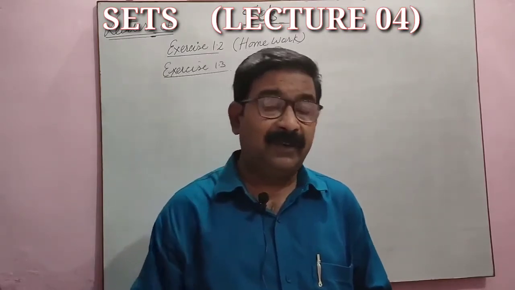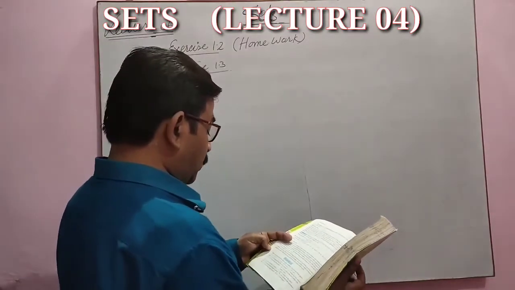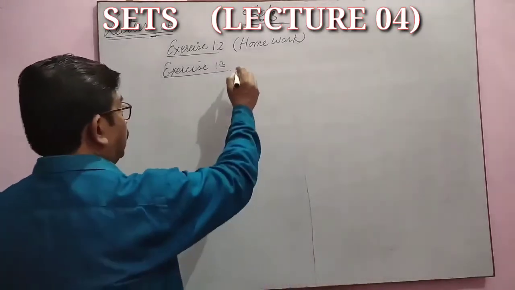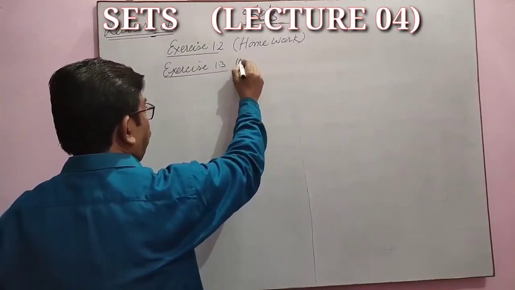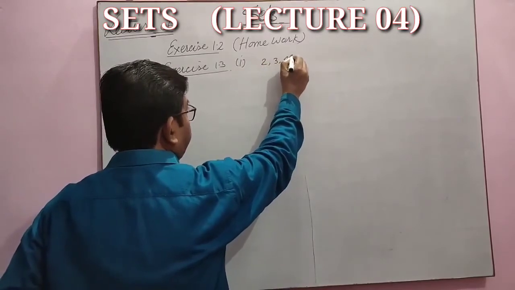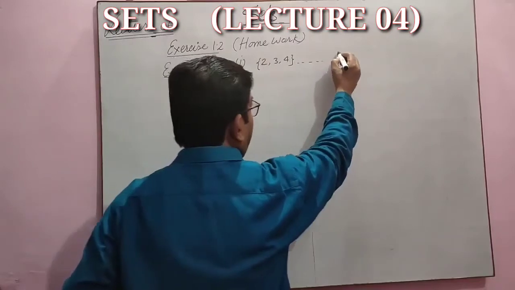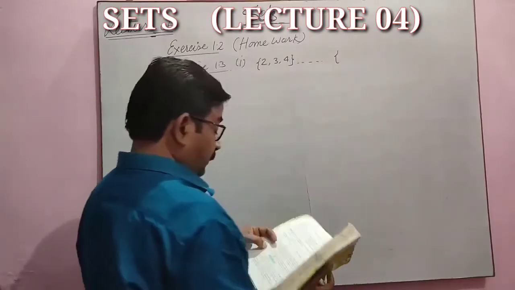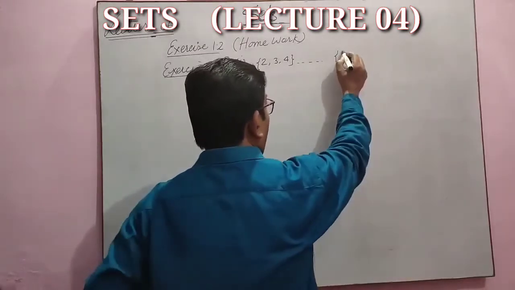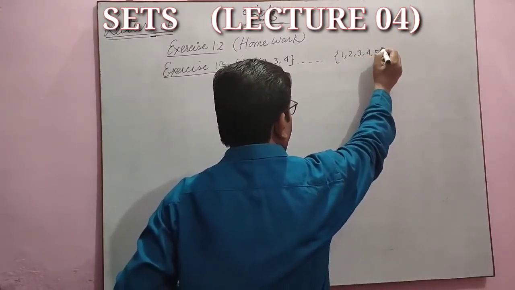Let me give one example. The first part of question number 1: a set {2, 3, 4} is given, we have a blank between them, and another set is given {1, 2, 3, 4, 5}.